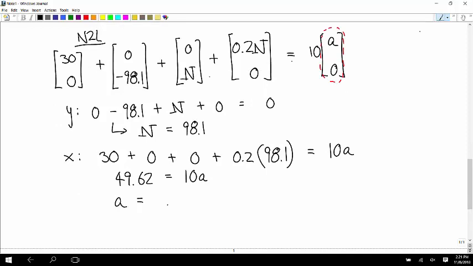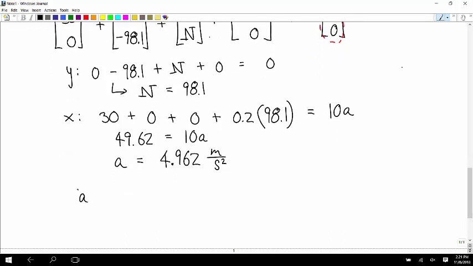And so a is equal to 4.962 meters per second squared. Now you can plug that value for a into the acceleration vector, and you get that the acceleration vector is equal to 4.962 in the positive x direction.